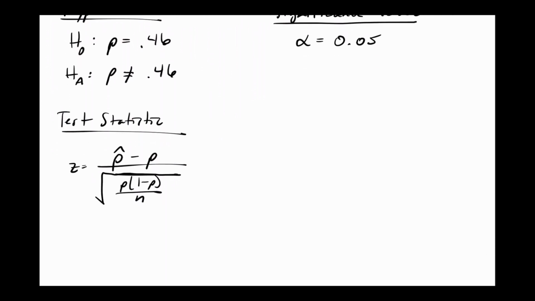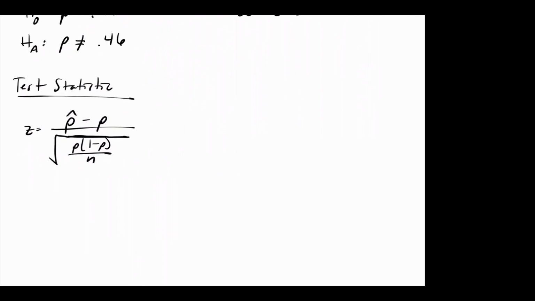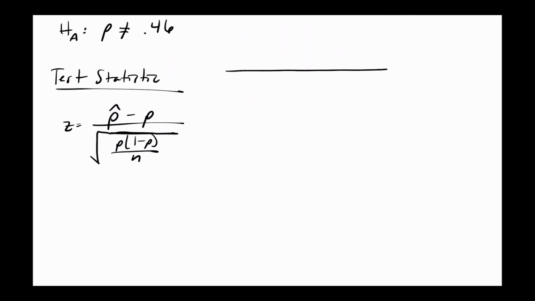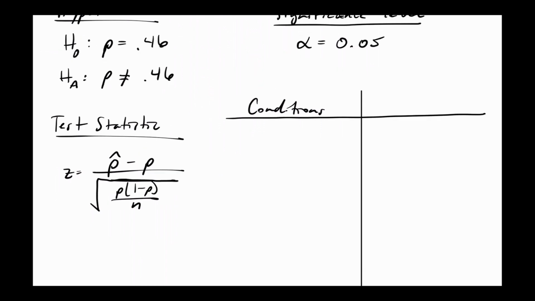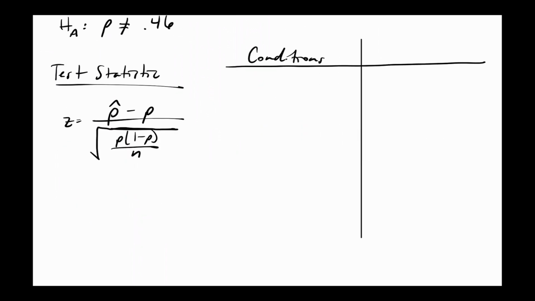The next one is assumptions and conditions. All right. So I'm going to find some room over here. Conditions, and then check that. Same ones as we've always done for proportions.